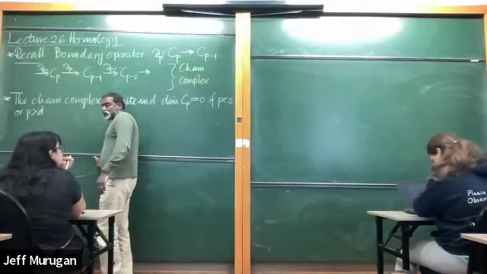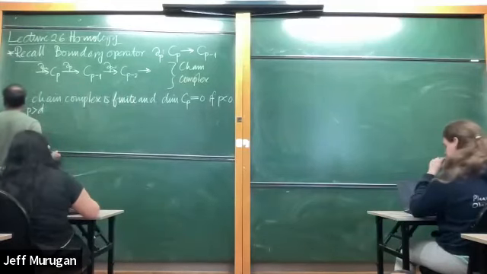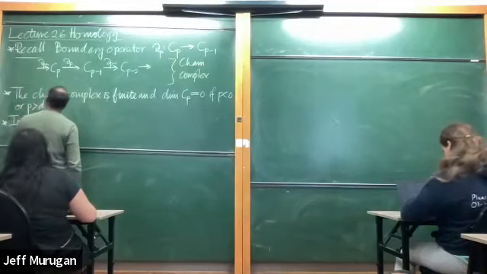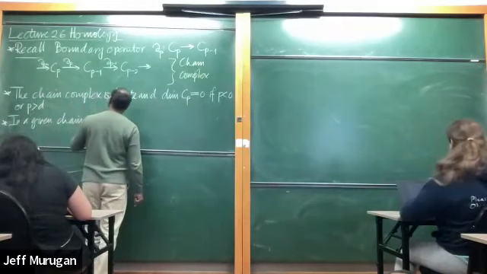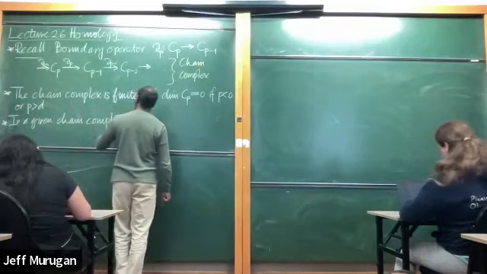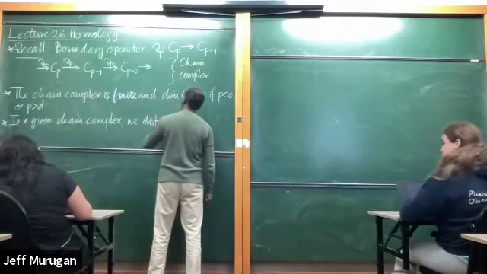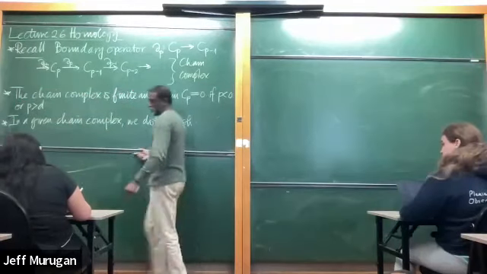So in a given chain complex, we distinguish two spaces.